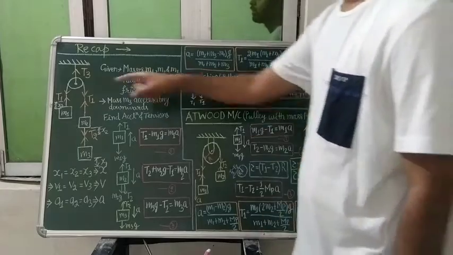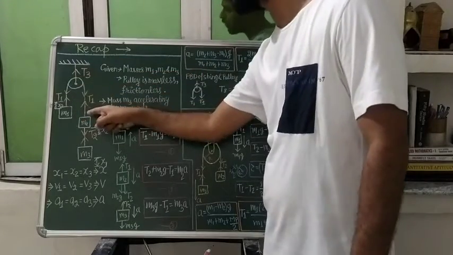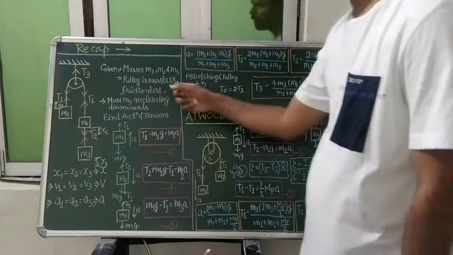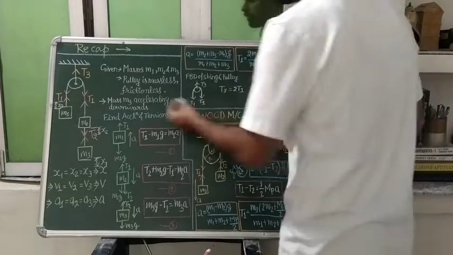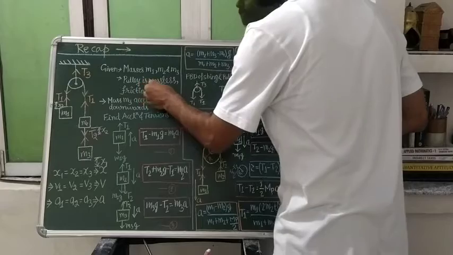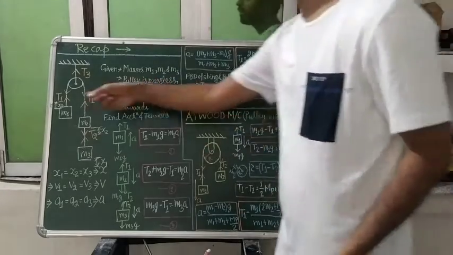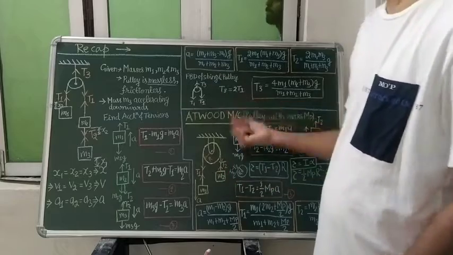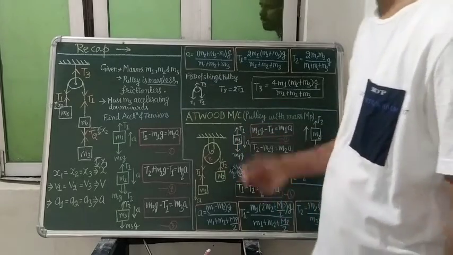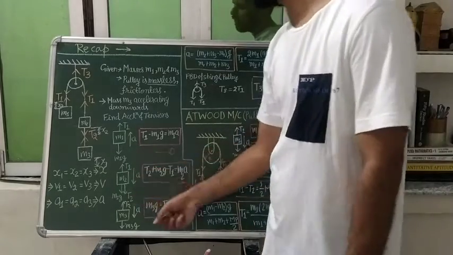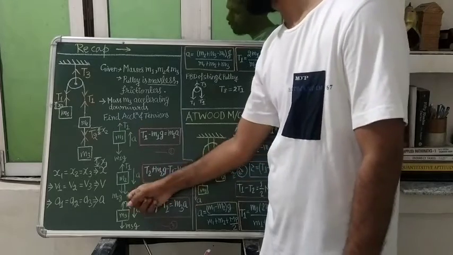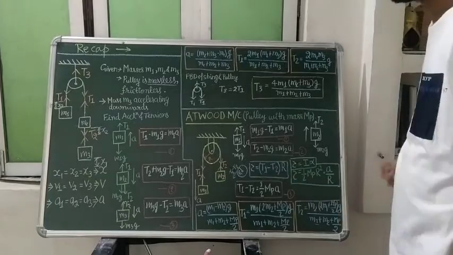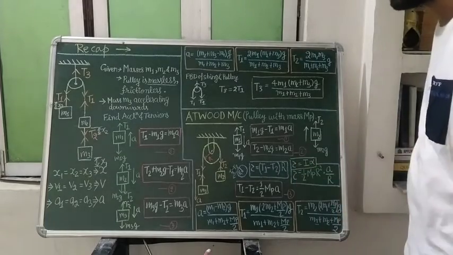Look, student, since we are talking about the same string and the pulley is massless, the tension in the same string will be the same. It was moving downward, so of course T2 plus M2g minus T1 will give us mass times acceleration of the body, applying Newton's second law.